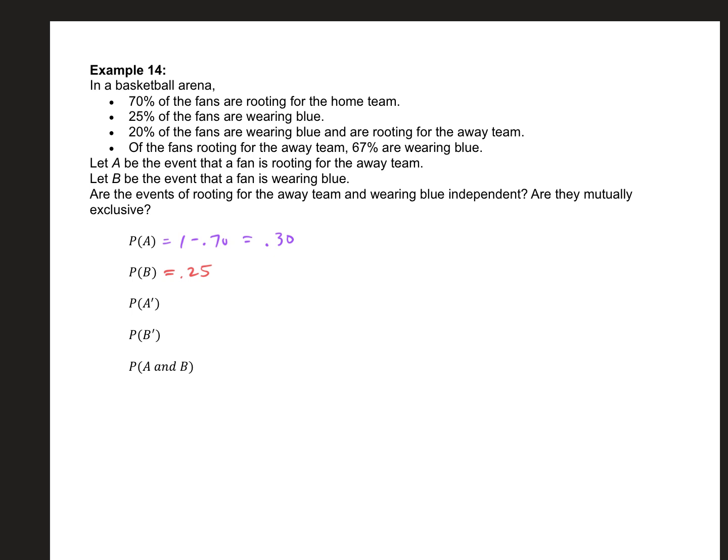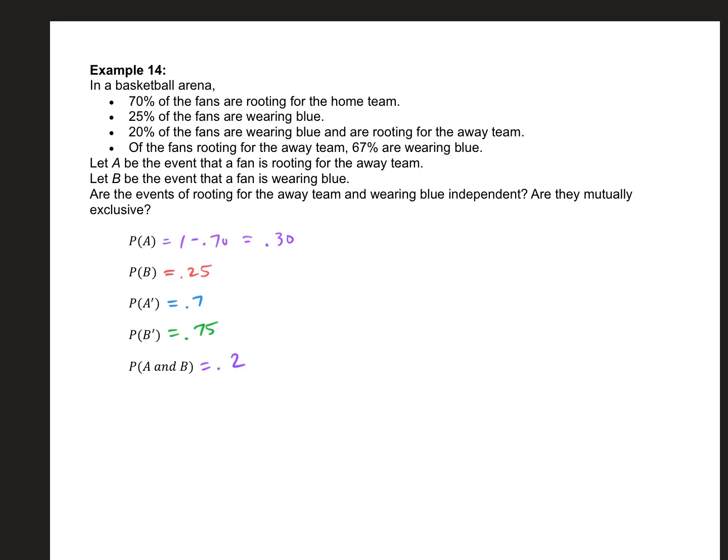What is the probability of A complement? 0.7. B complement? 0.75. And probability of A and B, that they are rooting for the away team and that they are wearing blue. 0.2. The last bullet is one of the givens. The probability of this given this.